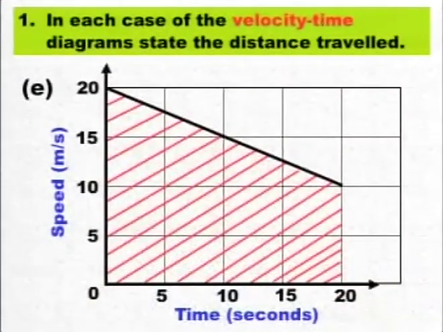And E, 300 meters. You can either divide that into a rectangle and a triangle, but it's also a trapezium. You can look at it. These are the two parallel sides, this one and this one. And this would be the perpendicular height.